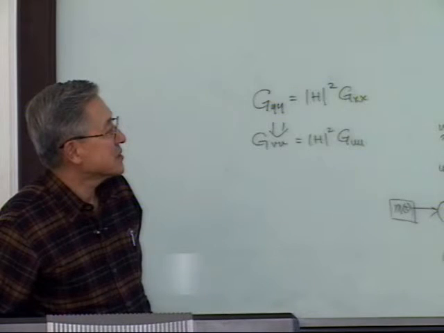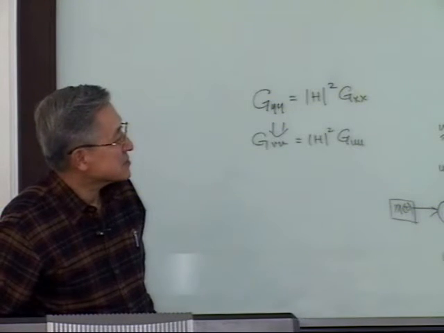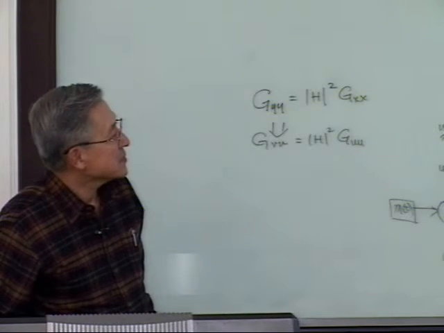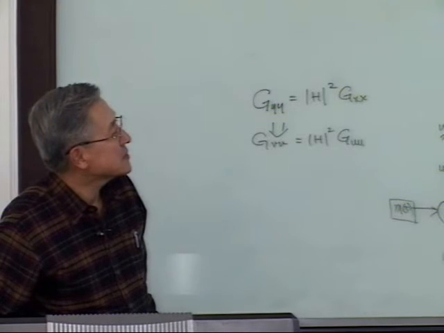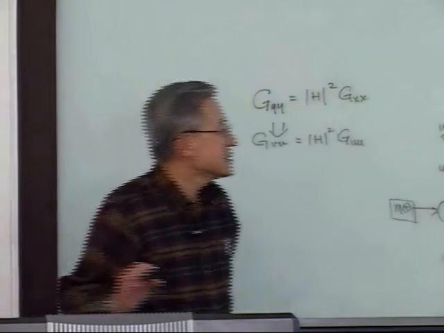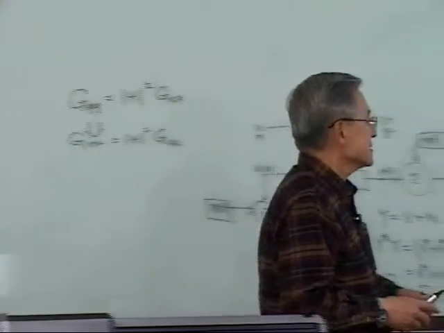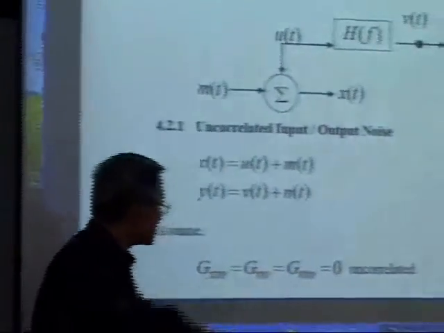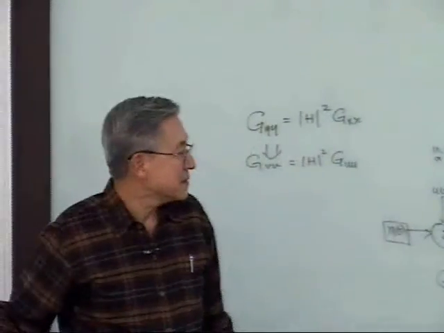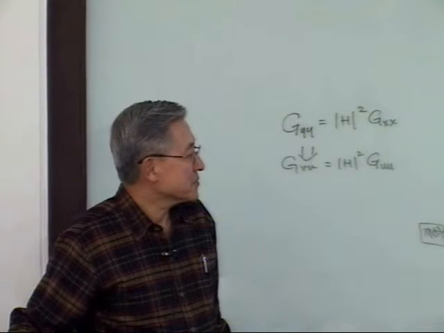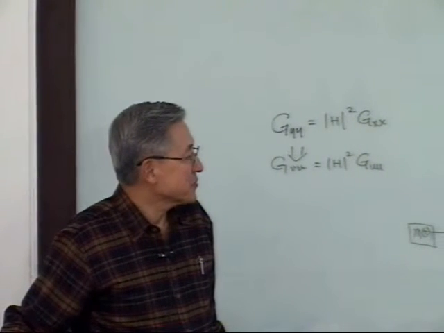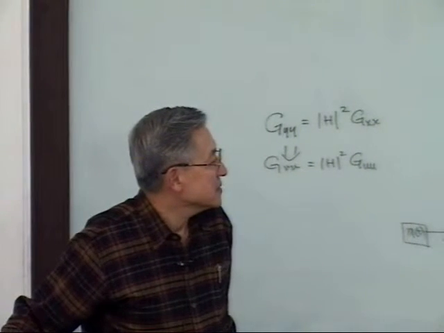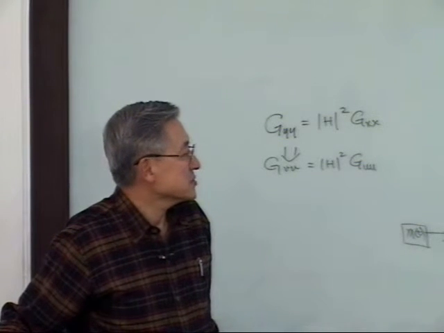Input-output noise together. This is right now. This is it, right? Yeah. So just to quickly review together. This is the case, right? Uncorrelated. Watch carefully here. Then VV is H squared GUU.